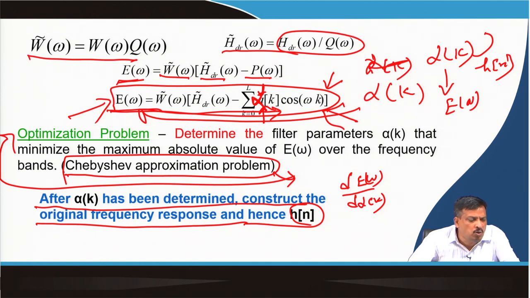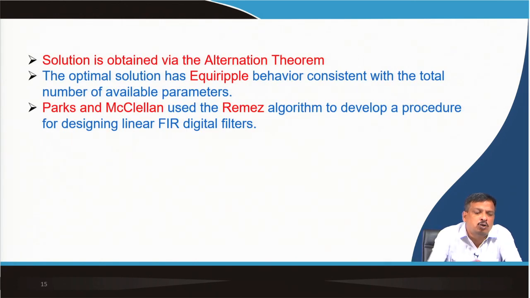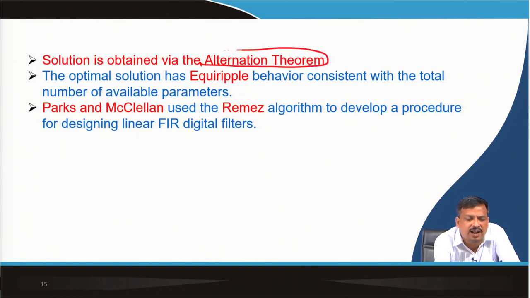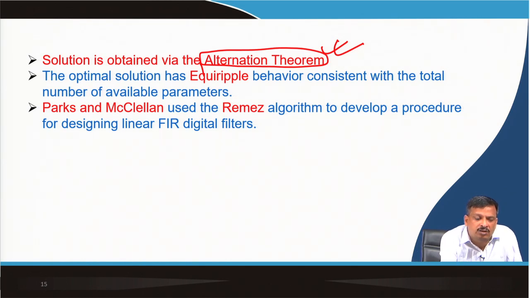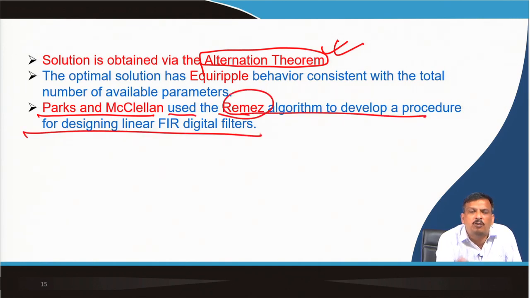So, what is the solution of this optimization problem? The solution is obtained via the alternation theorem. There is another theorem called the alternation theorem, and it is used to solve this. Now, Parks and McClellan used the Remez algorithm to develop the procedure for design.